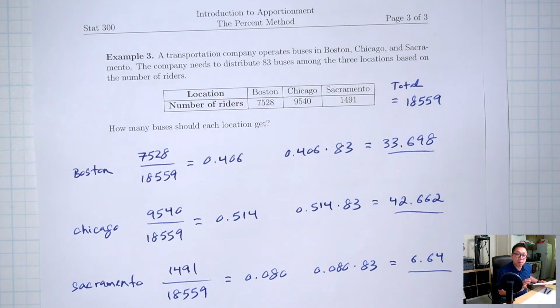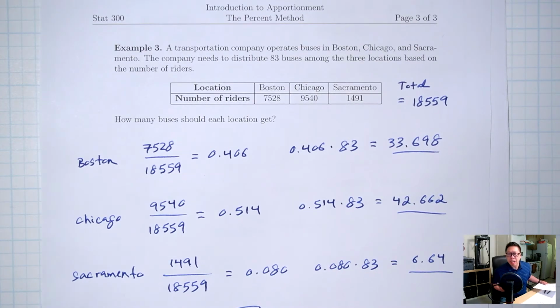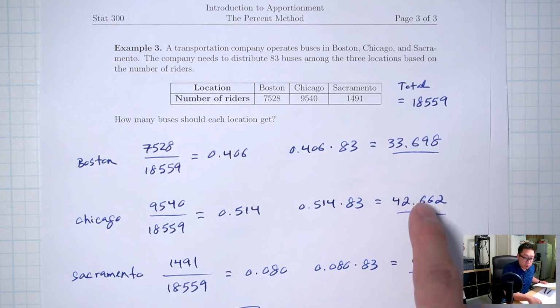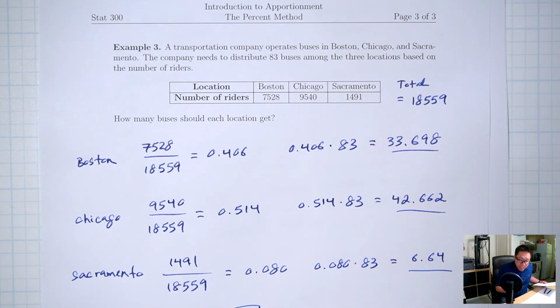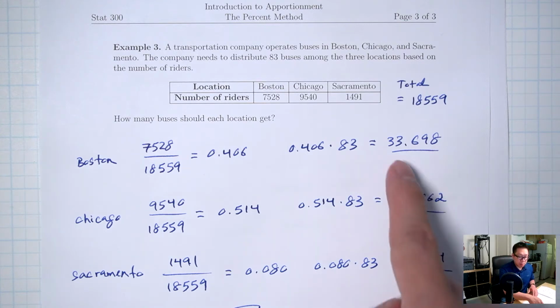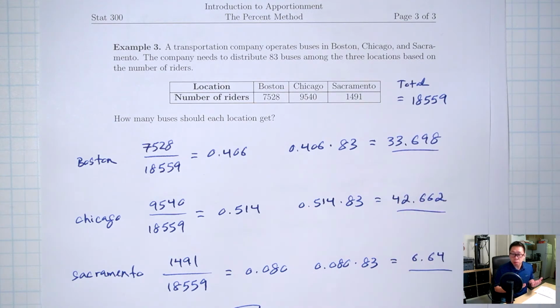It doesn't make sense in a bus situation, but if we're talking about, say, gallons of oil, these numbers do make sense. So Boston deserves exactly 33.698 gallons of oil. And if we're talking about oil, you can measure out exactly 0.698 gallons of oil. But because we're talking about buses and we can't cut them up, that's why we have to round.